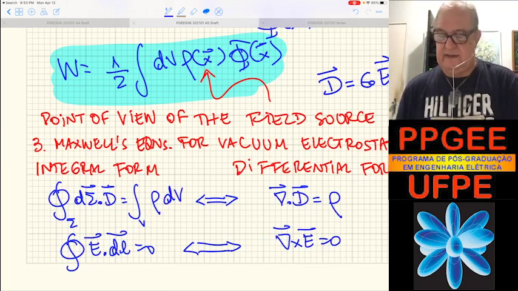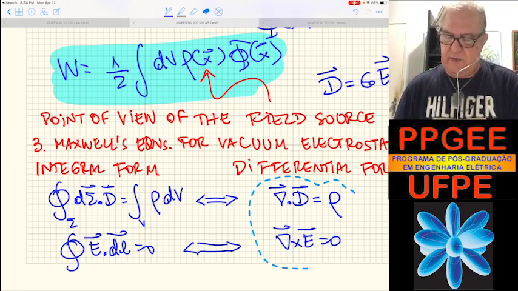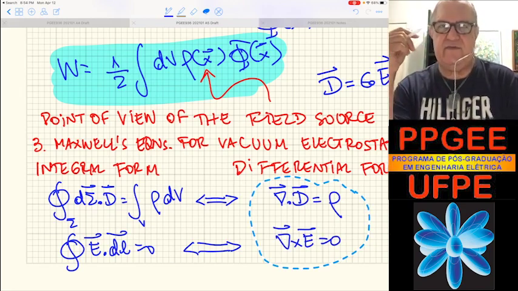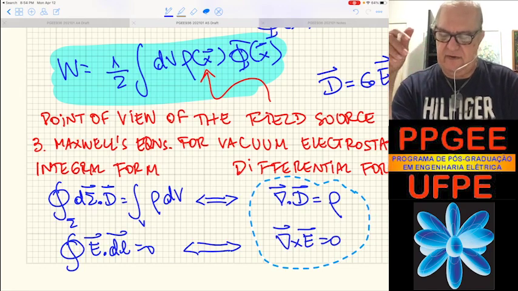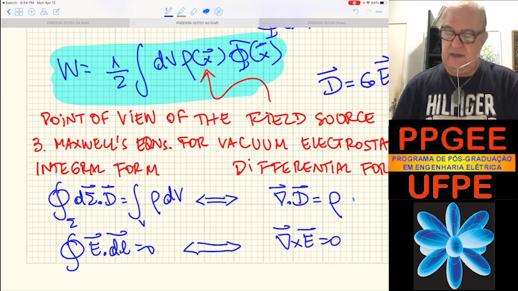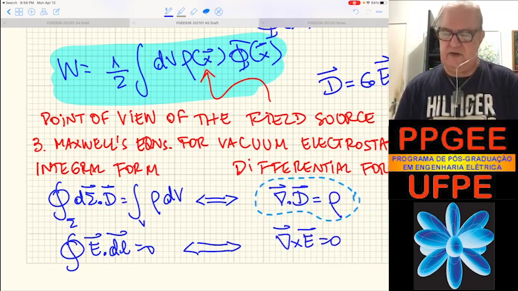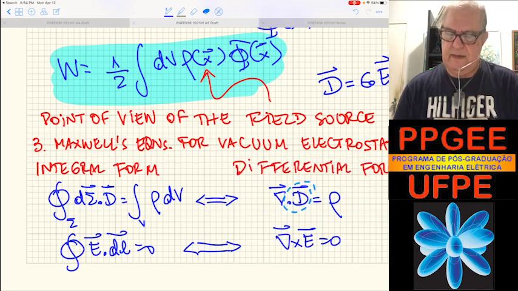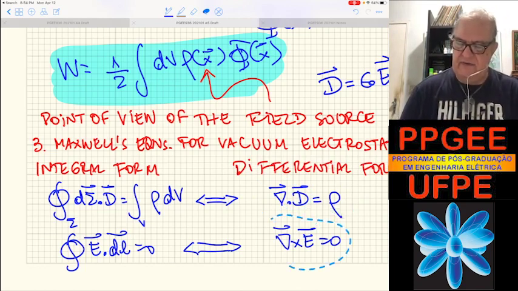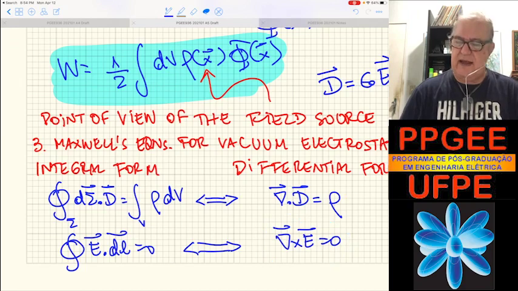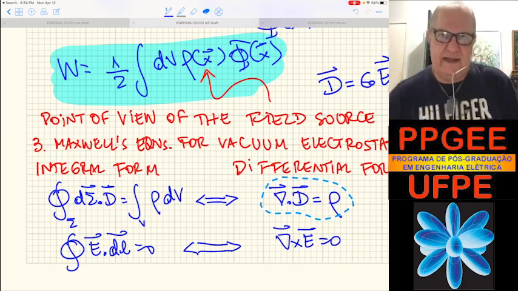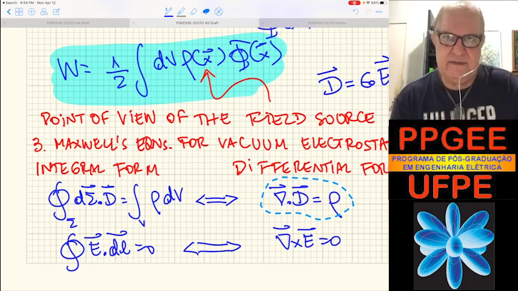We're going to see, of course, these are particular expressions for the more general Maxwell's equations for the dynamic electromagnetic field. We're going to see that this one has to be changed, but this one will remain unchanged with the proper definition of D. That remains unchanged, but this one will have to be changed when you have dynamic fields. So we have already one correct Maxwell's equation that is going to be valid even for dynamic fields.